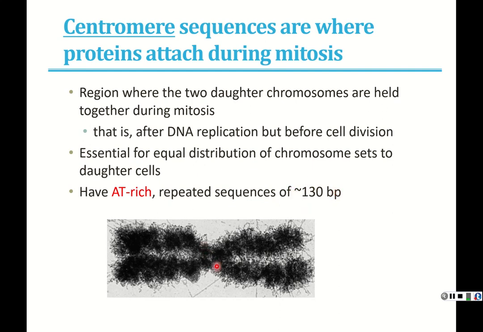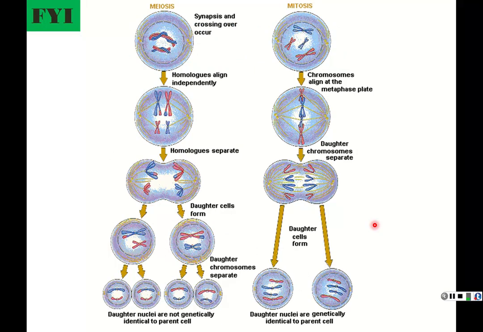So in this picture, this would be the centromere region. And we don't really go too much into the details of the centromere, only that they're AT-rich regions. But if you want to remind yourself what meiosis and mitosis are, this figure is good for that. We won't really be getting too much into the details of this, though, in this class.